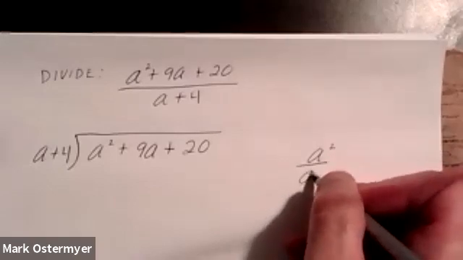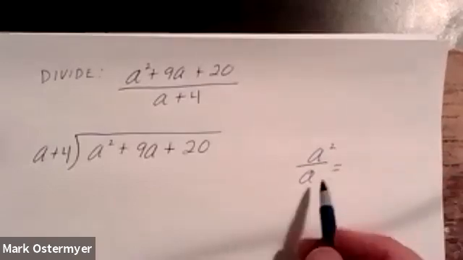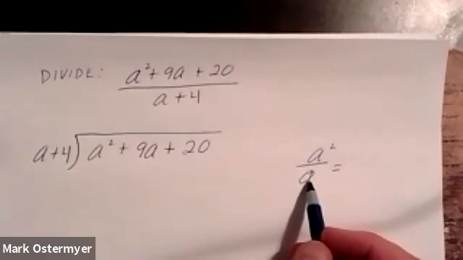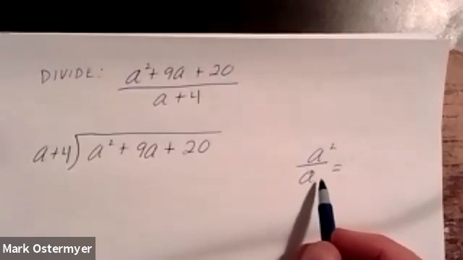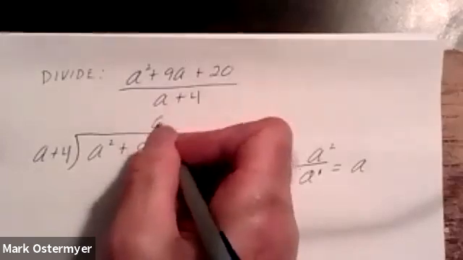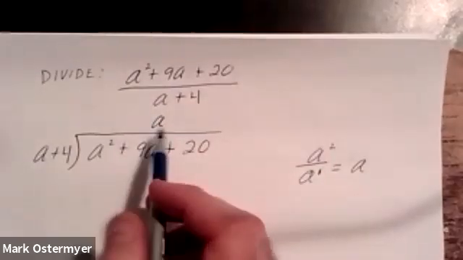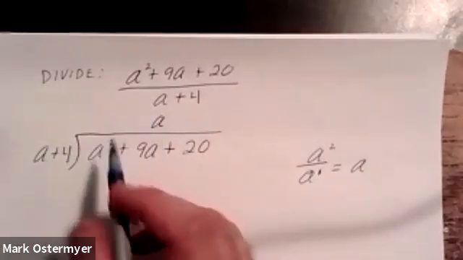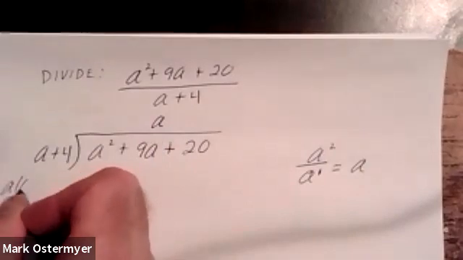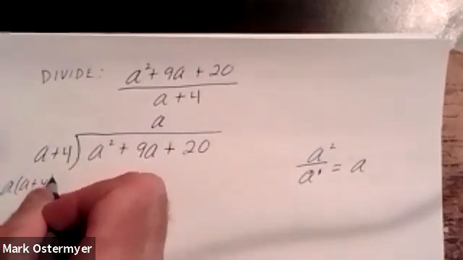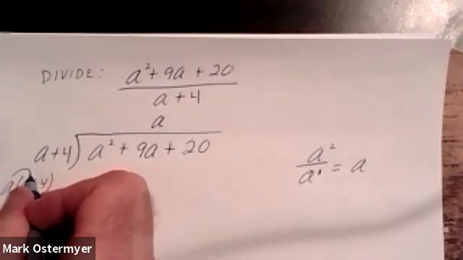Put a squared over a. Now reduce. A squared divided by a reduces down to just a. A becomes the first term in our quotient. We take a, multiply it by our divisor now. What's a times a?